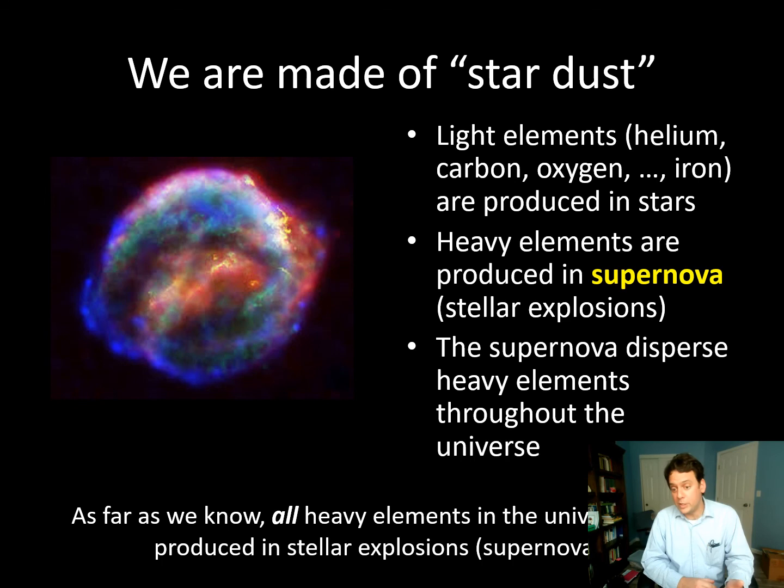And as far as we know, all heavy elements in the universe, including all of the heavy metals, think uranium, tungsten, anything above iron on the periodic table that we mine for, that we find in the Earth, as far as we know, all of that came from supernova explosions, according to the astronomical theory.